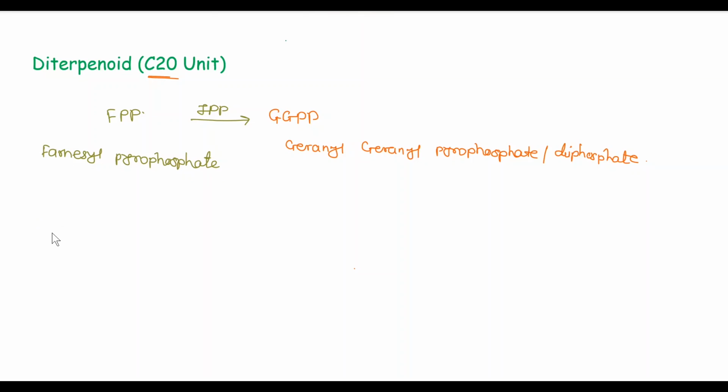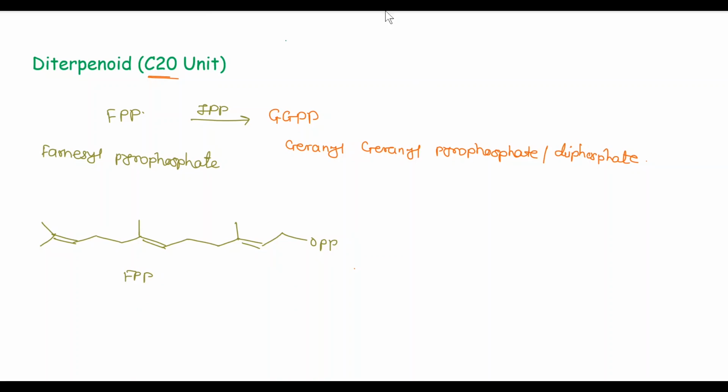Now the structure of FPP: here double bond, here CH2, here CH3, here double bond, CH2, here a methyl group, here a double bond, and here OPP. So this is FPP.